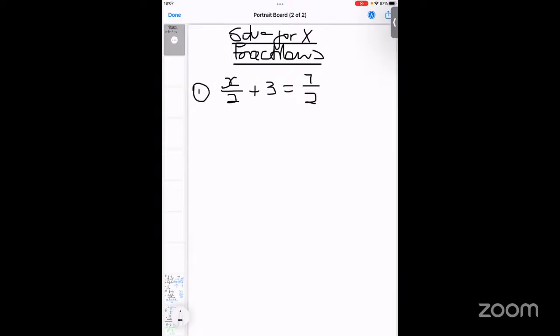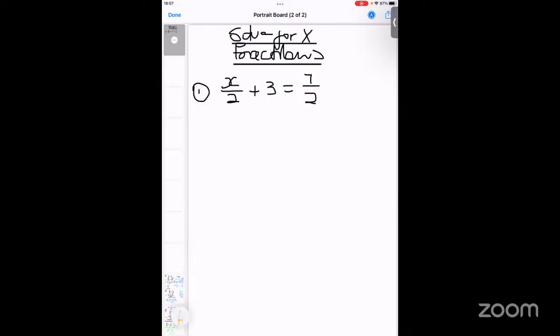So number one, we have x over 2 plus 3 equals 7 over 2. The best thing to do, Manahil, is just to make sure that the fraction that has the letter x remains on the left.